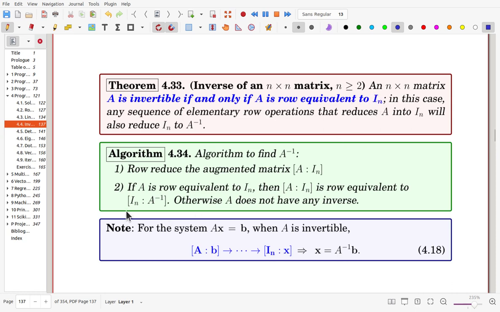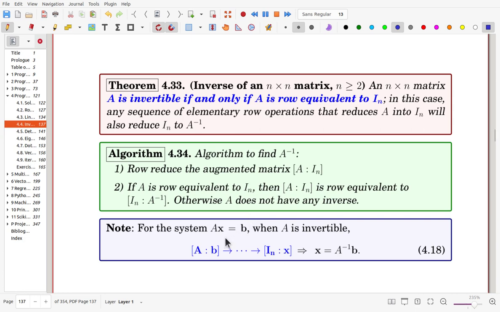Once we do that, the identity part will be changed into the inverse of A. If we cannot reach the identity matrix for the first portion, then A does not have any inverse, which means that A is not invertible. That is quite similar to this one.